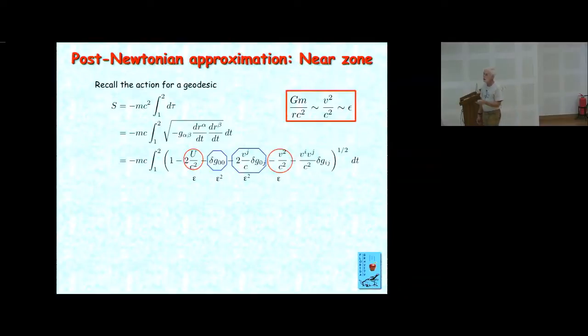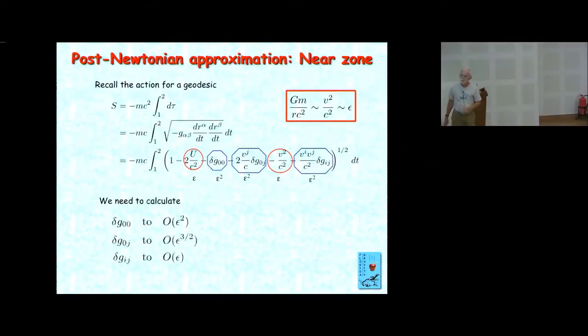And then finally, here, if we want to get a contribution at order epsilon squared, well, this is already of order epsilon, so we only need to know Gij to order epsilon. So that then tells us what we need to do. We don't need to calculate Gij to order epsilon squared. I mean, you can, but you don't need it.